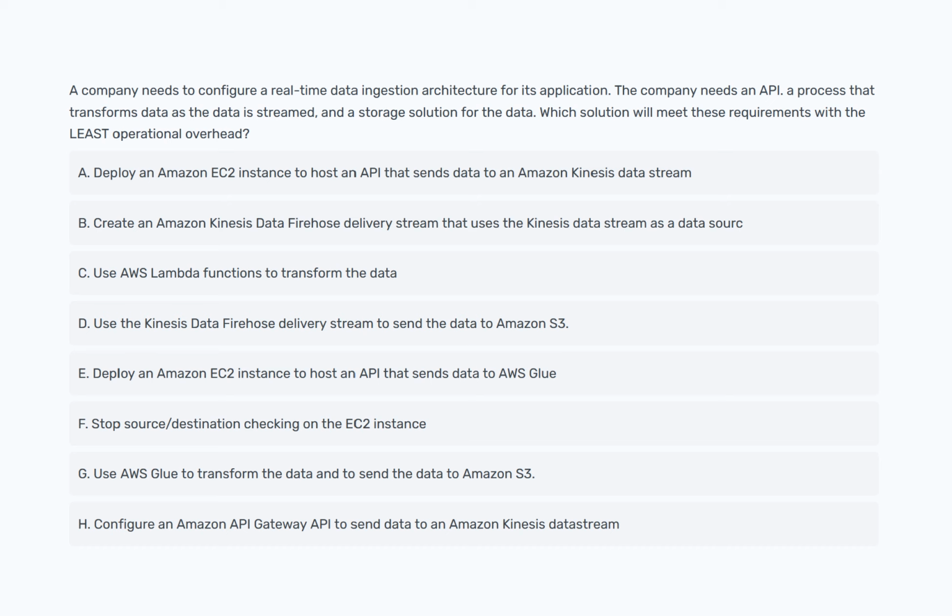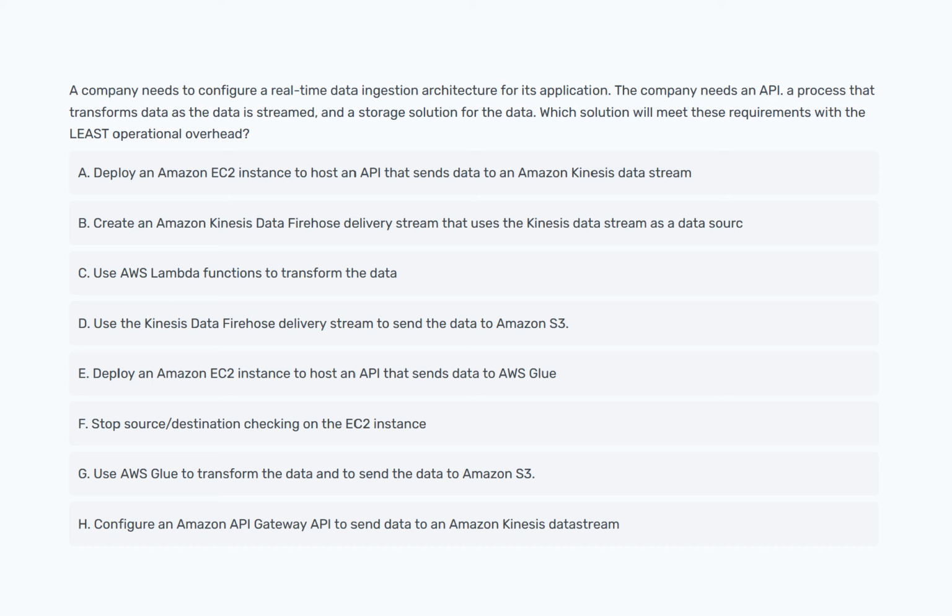So these functions, once you set them up, do their job, right? And then use the Kinesis Data Firehose delivery stream to send data to Amazon S3, right? That can be one of the solutions because here you need a storage solution, right?